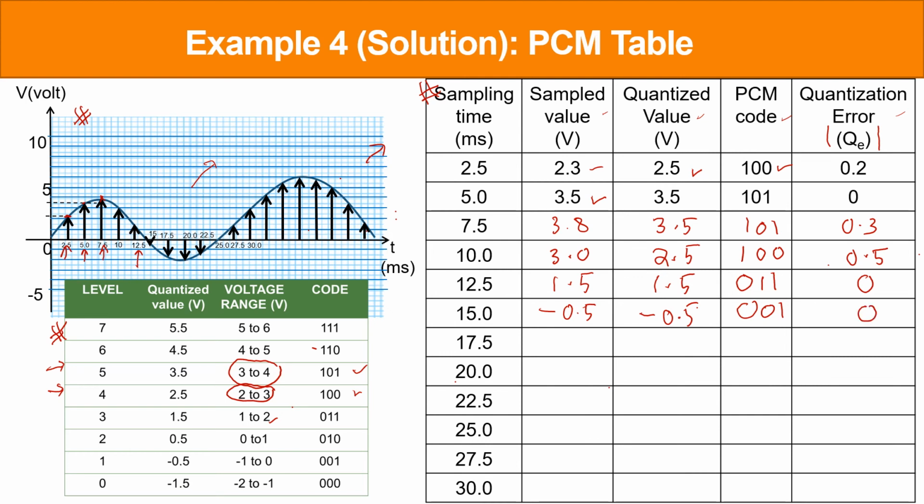For 17.5, negative 1.6, negative 1.5 belongs to code 000 and 0.1 quantization error.